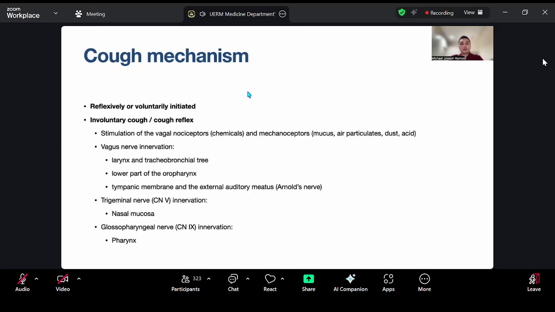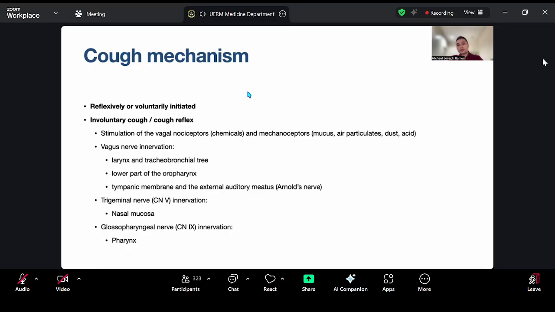Cough can be voluntary or involuntary. The voluntary cough is initiated in the upper cortical brain regions and can bypass the brainstem. Therefore, a patient with a damaged brainstem, despite having no cough reflex, can still cough voluntarily.